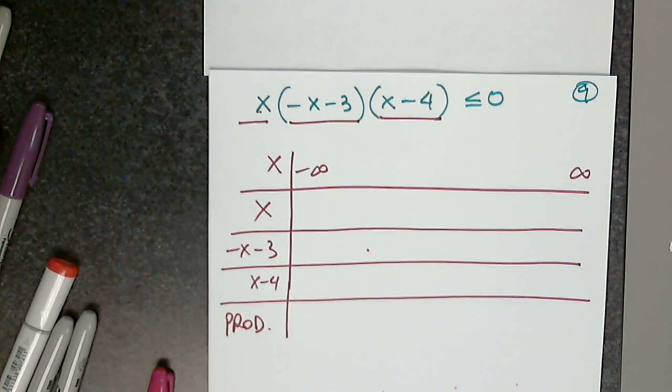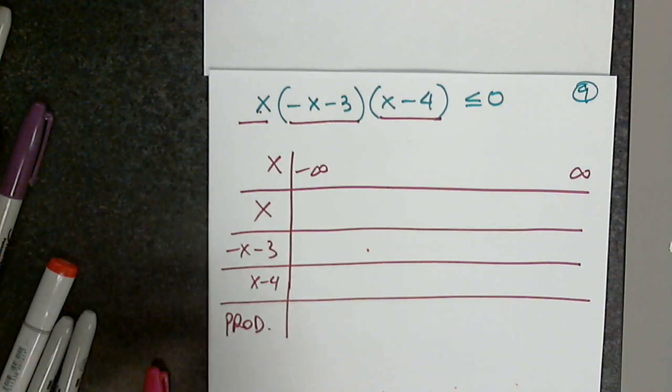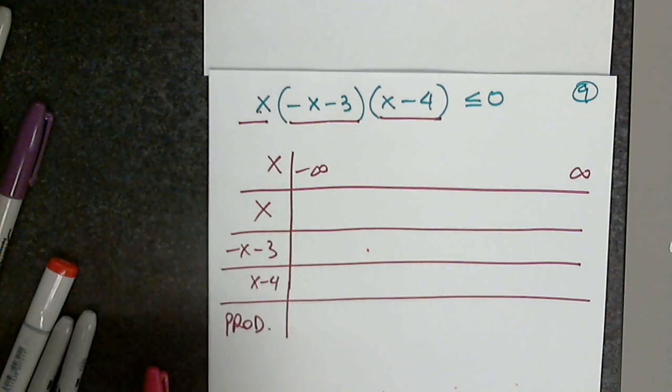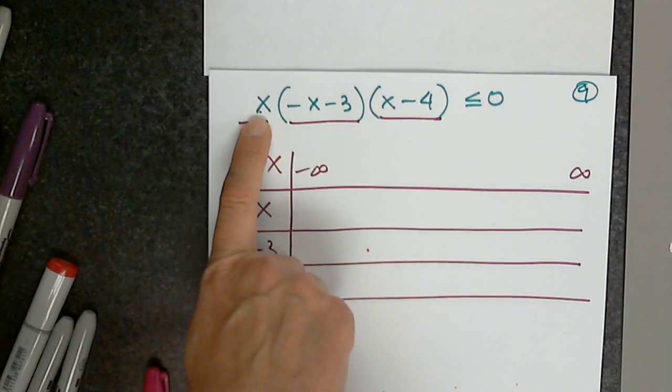I need to determine the zeros. Where is each and every factor 0? Can anyone give them in the ascending order to us? When is this 0?